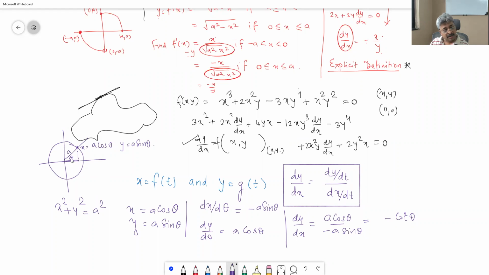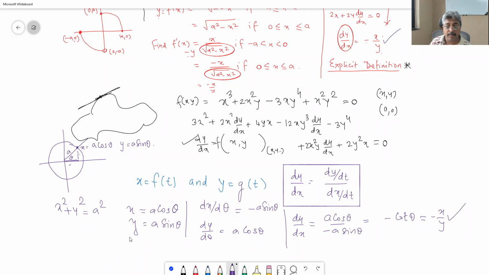Cot theta is x by y, since tan theta is y by x. So minus x upon y. Oh, it is same as this. Do you see that there is a synergy between all kinds of differentiation that we are trying to do?